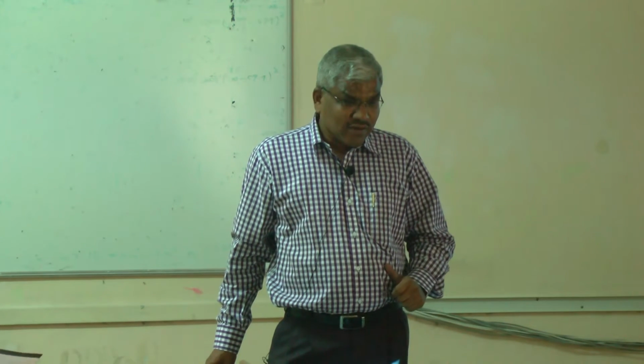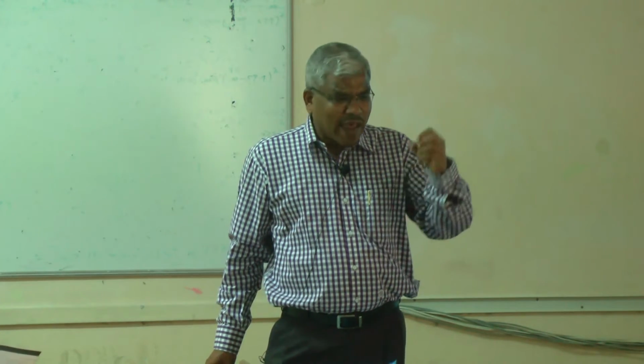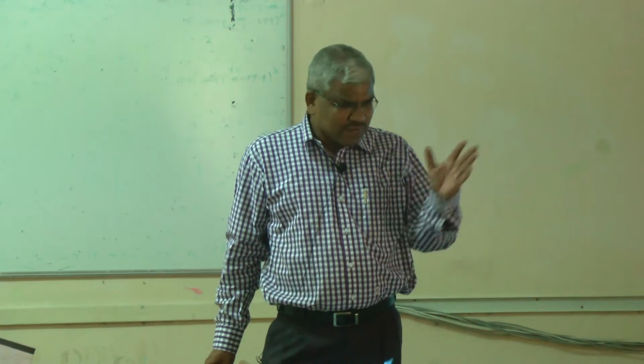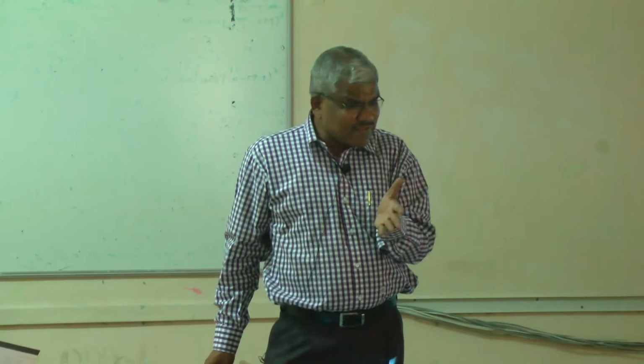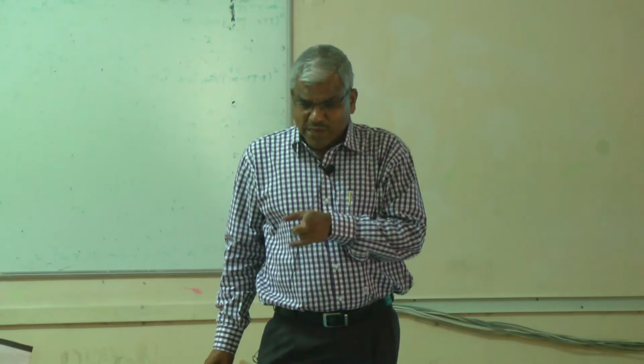But we want this to be represented in as few pixels as possible. Pixels are a sequence of numbers. The size is 1 mega, 10 raised to 6, or 1024 multiplied by 1024.